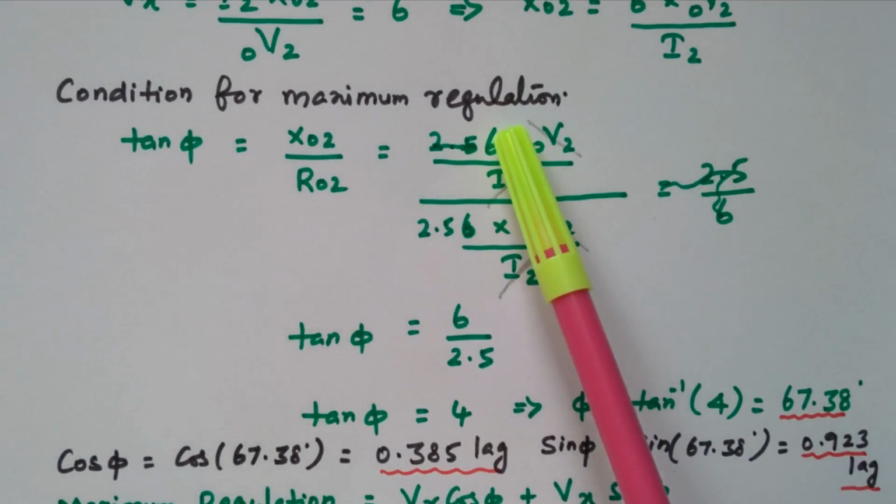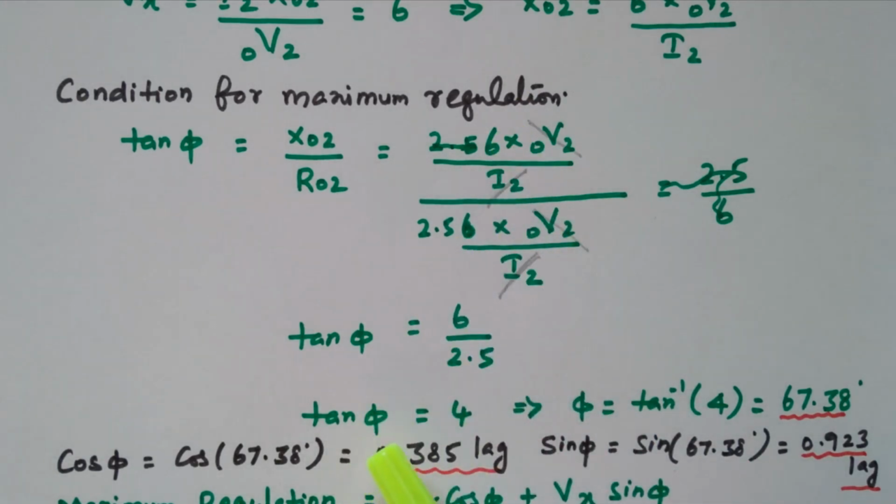What we have is 6 divided by 2.5, so tan phi equal to 4. From that, phi equal to tan inverse 4, that is equal to 67.38. So the phi value is 67.38.